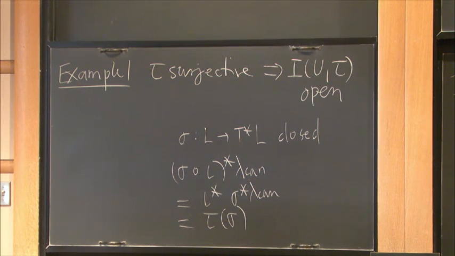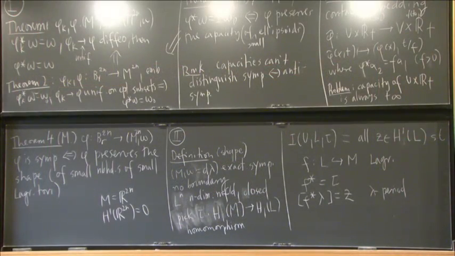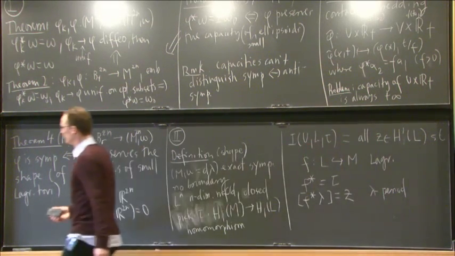This thing is called the lambda period. I get an open neighborhood of that point Z. All right.